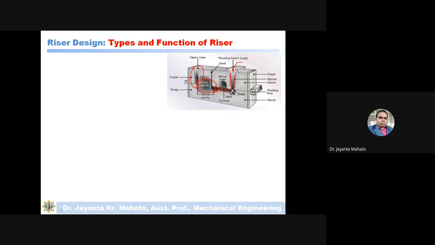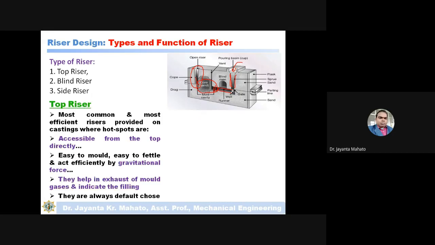So these risers are of different types. First is the top riser, second is the blind riser, and third is the side riser. Top riser is the most common type of riser, and the most efficient riser, provided on the casting where hot spots are accessible from the top directly.